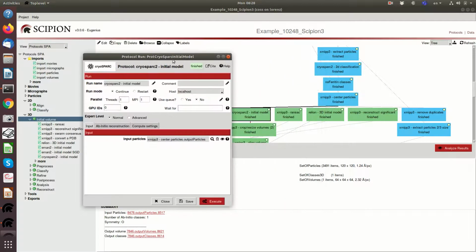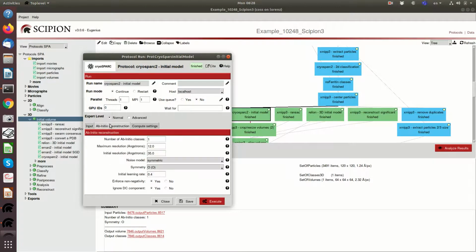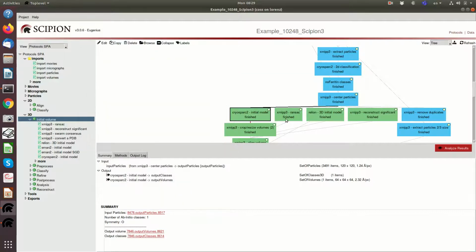The most important parameters in most of these algorithms are which particles, how many classes you have, and the symmetry of that object. So we will construct a single class with octahedral symmetry, and for the remaining parameters it normally doesn't matter.